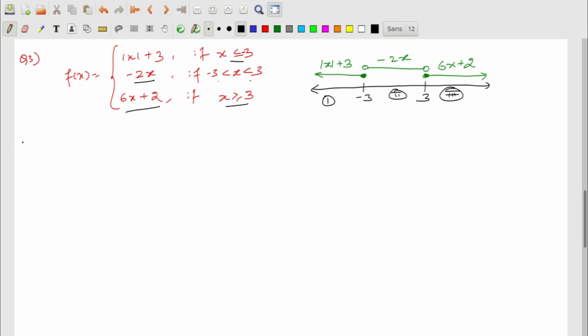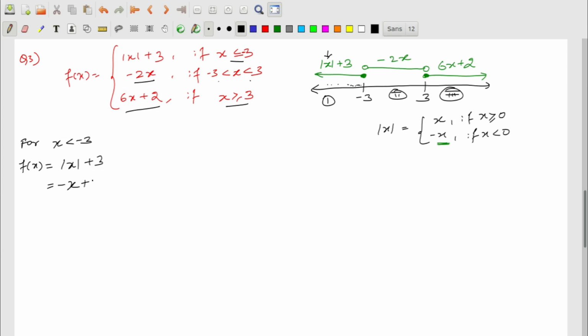So for x less than minus 3, the value of the function f of x is equal to mod of x plus 3, and we know what mod of x is: x if x is greater than or equal to 0, minus x if x is less than 0. Here x is a negative number, so you can directly take it as minus x plus 3. So this is our f of x.